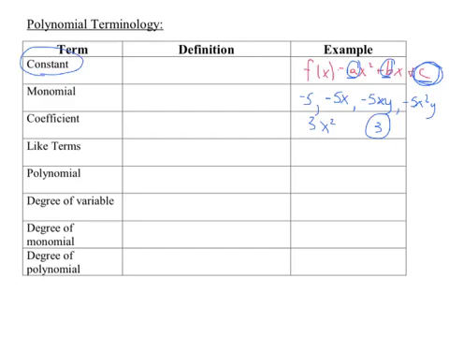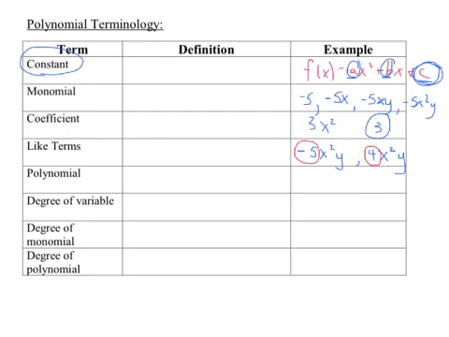Like terms. Like terms are monomials that only differ in their coefficient, or they're identical in general. So let's look at an example. -5x squared y, and let's say another example, 4x squared y. Clearly, these are exactly the same, but they only differ in their coefficient.